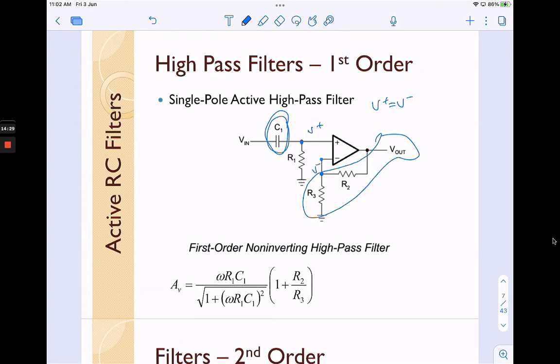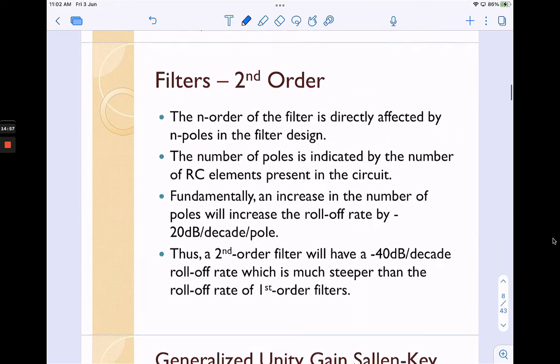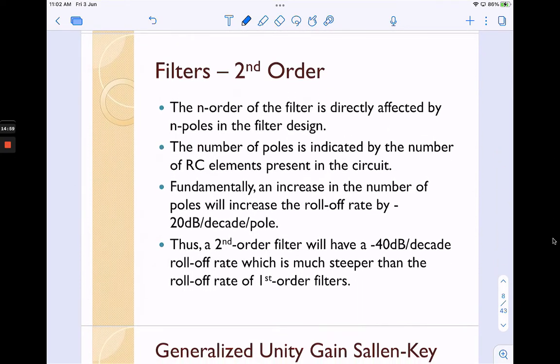This portion also voltage divider rule, this one also voltage divider rule, and you can get these terms. Okay, again this C1 R1 will determine the cutoff frequency of the high pass filter. Okay.